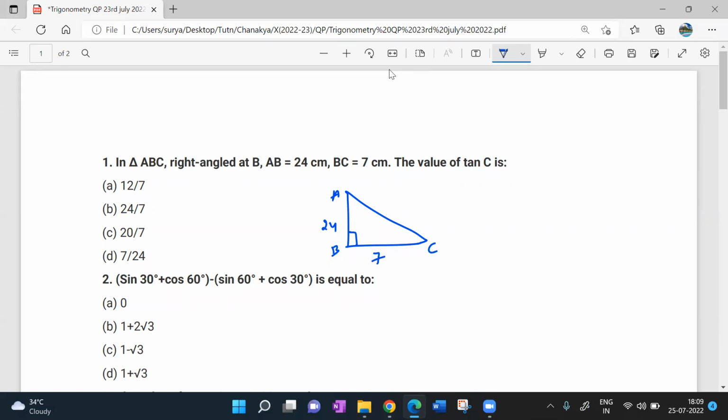This is 7. Then the value of tan C is what? Tell me, guys. 24 by 7, sir.